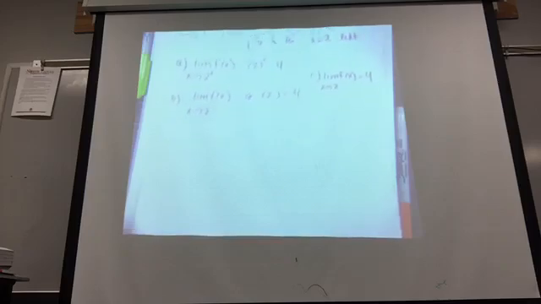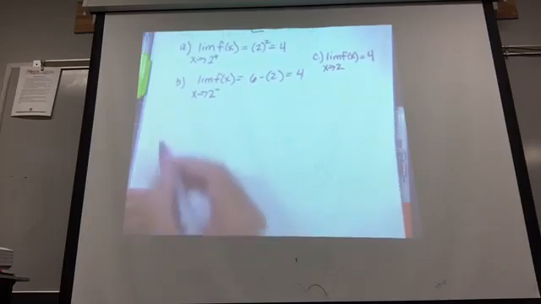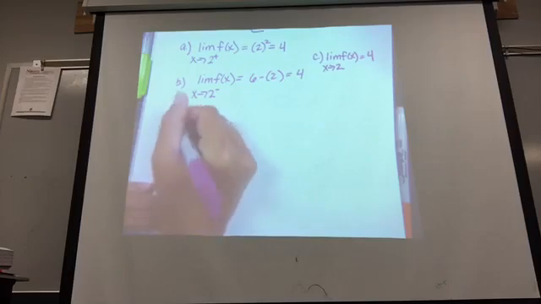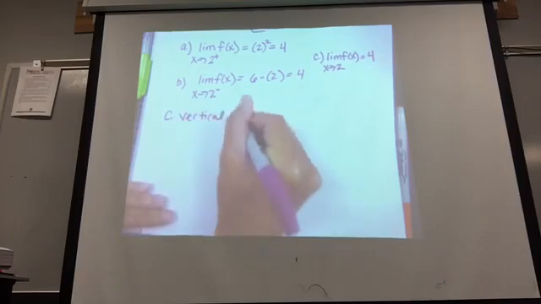Okay, so now we've had part A, special cases, part B, piecewise functions, part C, evaluating vertical asymptotes.